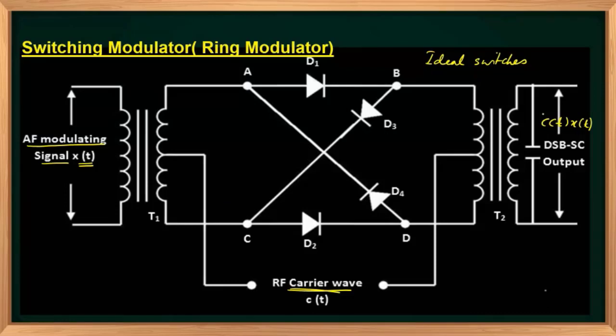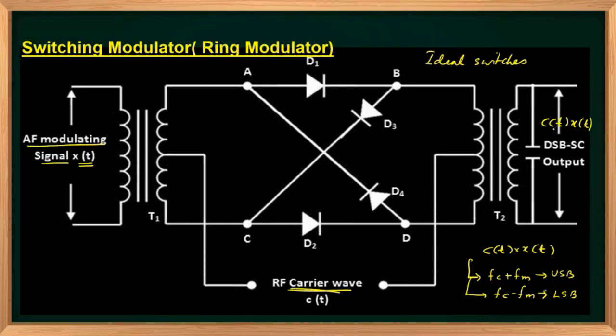The product c of t into x of t consists of only two frequency components: the fc plus fm component, which is the USB component, and the fc minus fm component, that is the LSB component. So only two sidebands will be present.